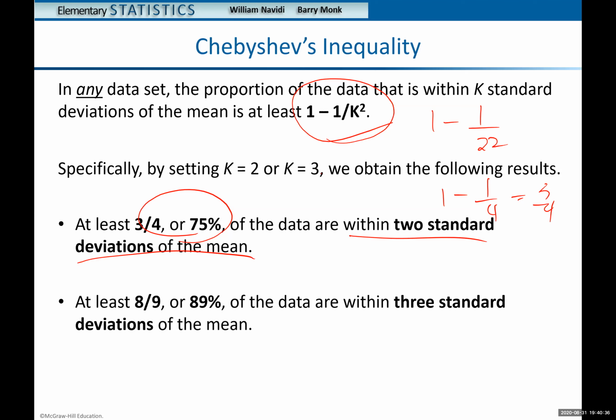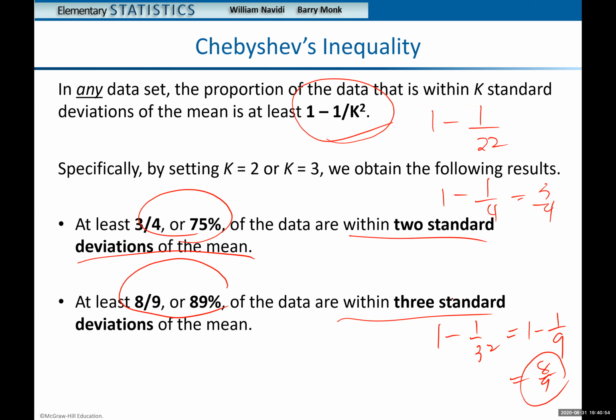Next, if it's 3, 1 minus 1 over 3 squared. 1 over 3 squared is 1 over 9, and 1 minus 1/9 is 8/9, or 8 divided by 9 is 89%. That is the data that's within 3 standard deviations of the mean. So again, just memorize this: 1 minus 1 over k squared.